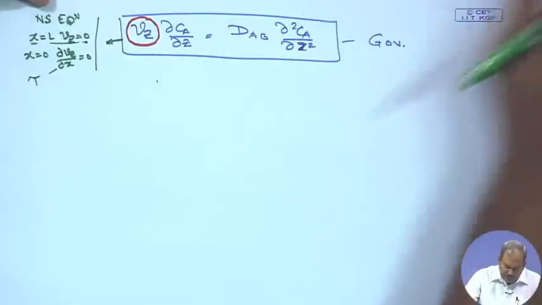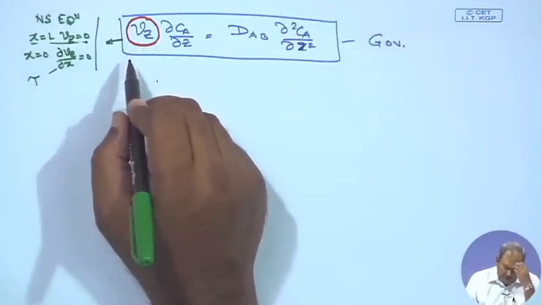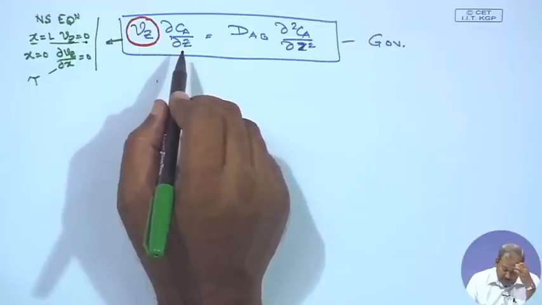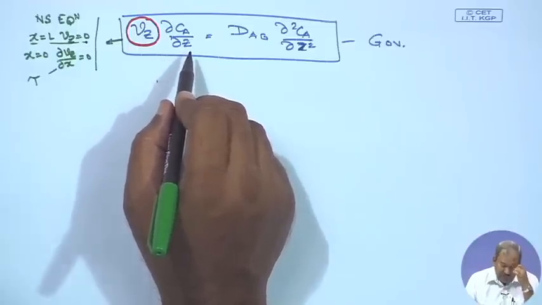So, when you do that, this shows the coupling between the mass transfer, the species transport equation, and the momentum transport equation. Unless you solve the momentum transfer equation in order to obtain an expression for velocity, you won't be able to solve the species balance equation.